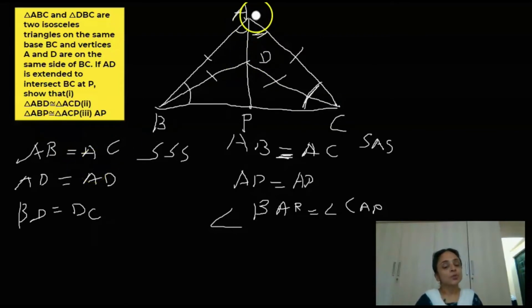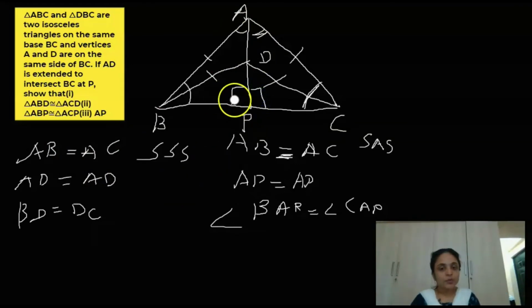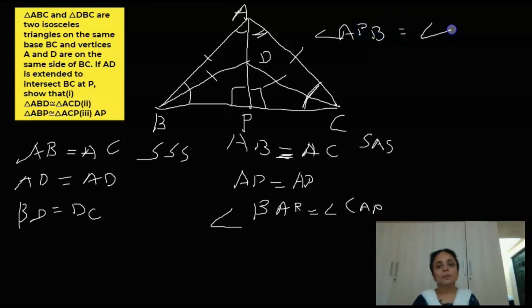Now we have to prove that AP is the perpendicular bisector of BC. How will we prove this? That is, we have to prove that this angle is 90 degrees. We have already got that triangle APB is congruent to triangle APC, right? So if these two triangles are congruent, angle APB is equal to angle APC.